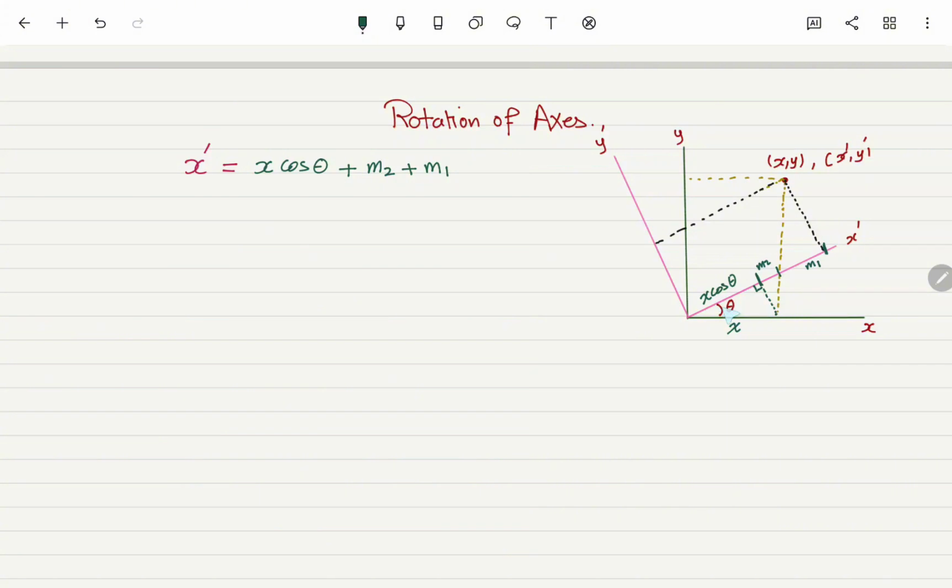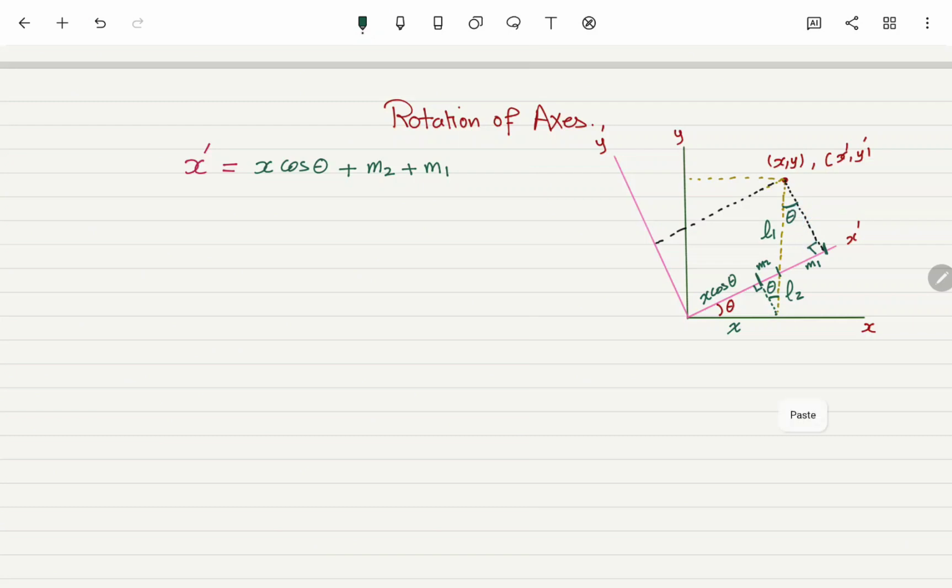Now, if this is theta, this will be theta as well, because if this is theta and this is 90 degrees, this will be 90 minus theta, so this will be equal to theta. And if this is theta, this will be theta as well. If this is L1 and this is L2, this is a right angle triangle, this is 90 degrees.